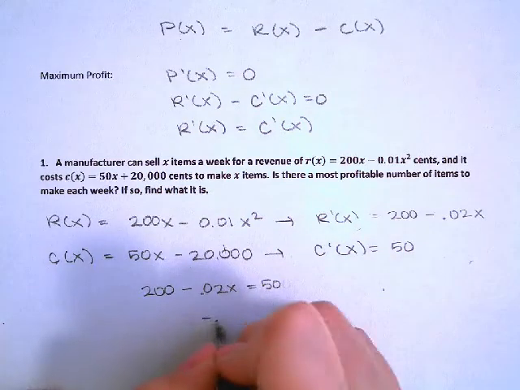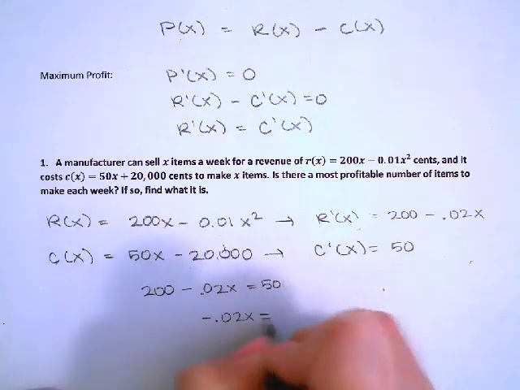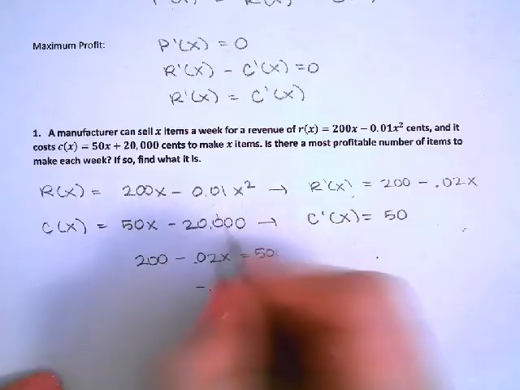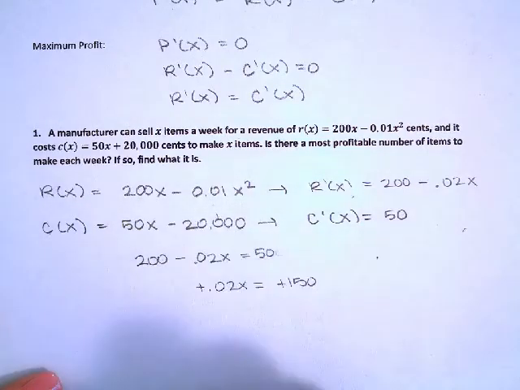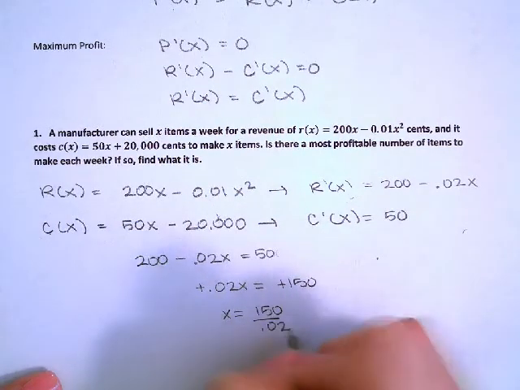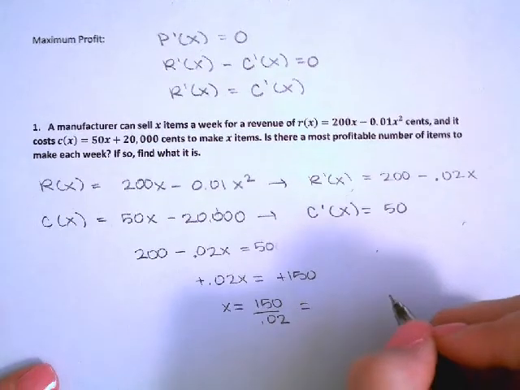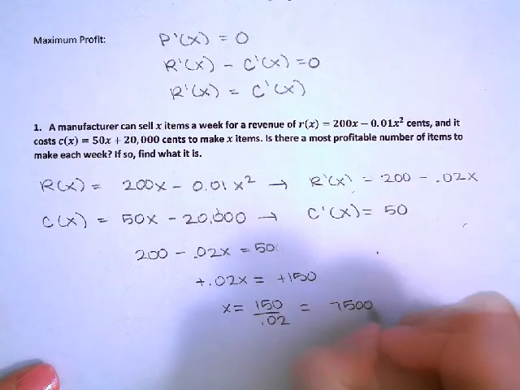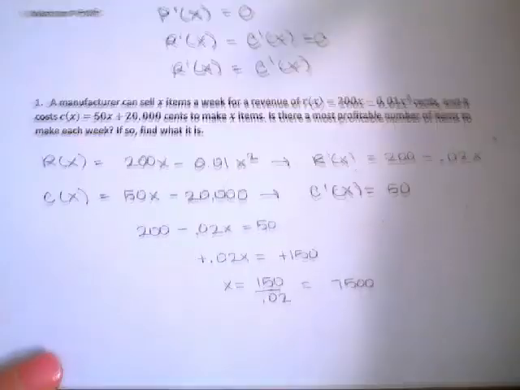So negative 0.02x equals negative 150. I just subtracted the 200 over, divide by the negative. 150 divided by 0.02 is 7,500.